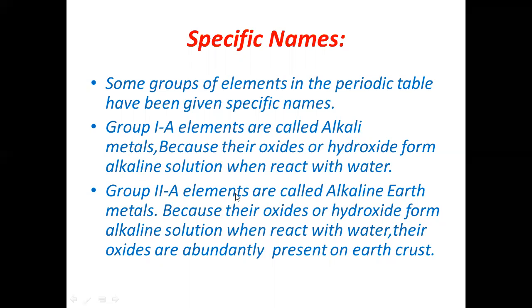Group 2A elements are called alkaline earth metals because their oxides or hydroxides form an alkaline solution when they react with water. Their oxides are abundantly present in the earth's crust.